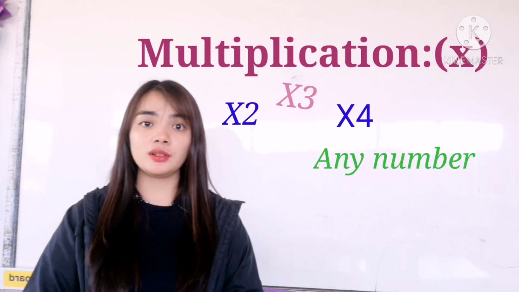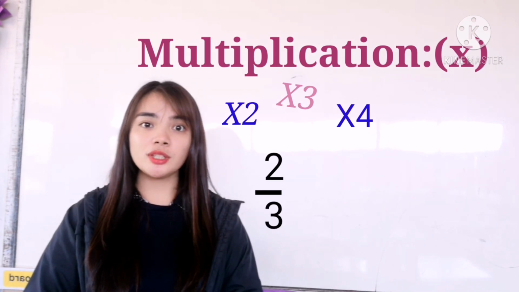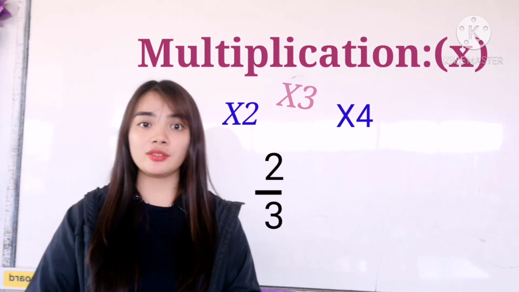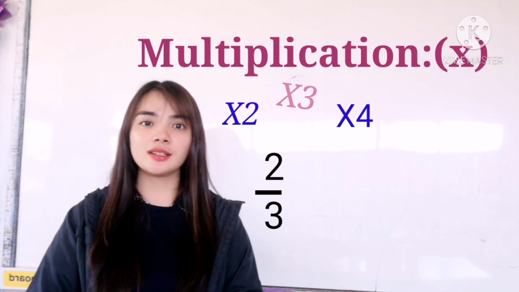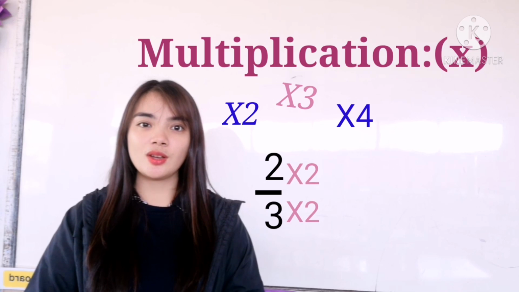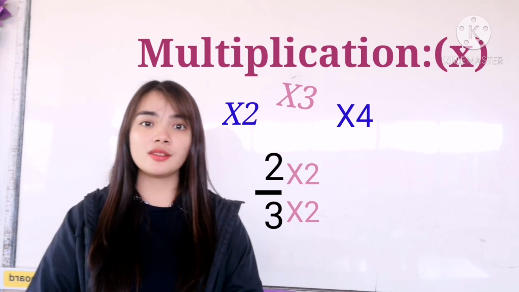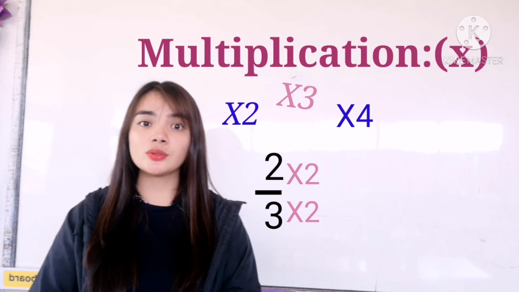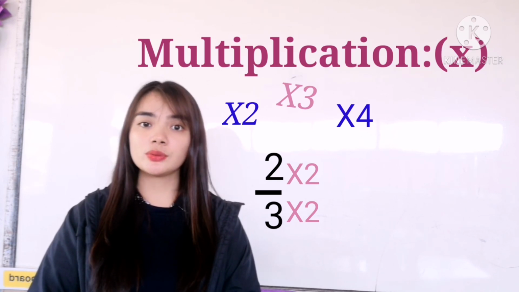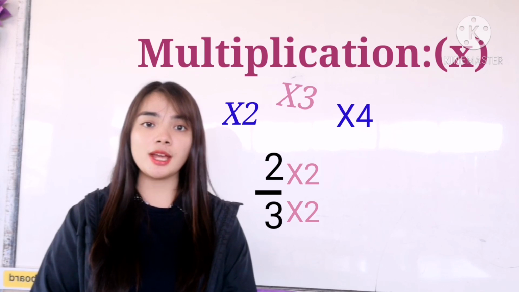Like for example, 2/3. We can multiply it by 2, by 3, by 4, or by 10. But we can choose 2 first. So we're going to use the number 2 to multiply. So we have 2 times 2. But don't forget that we need to multiply it also to our denominator.